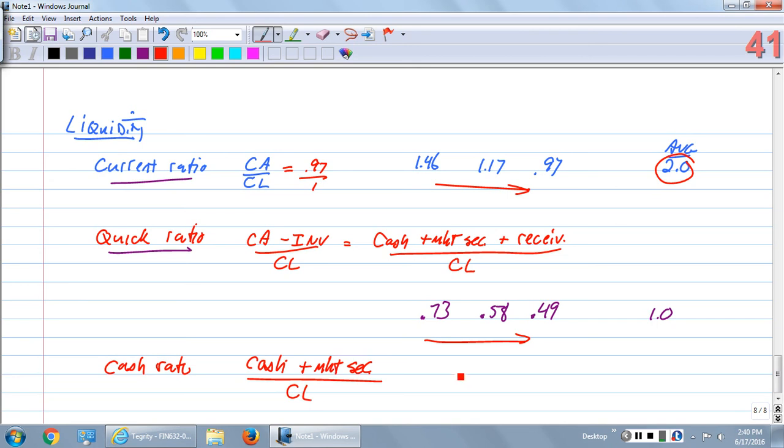Okay, and we see it's going from 0.487 to 0.389 to 0.324, and again that lags the industry pretty significantly. Okay, so as we break this down here, I'm inclined to say we need to look at our cash position, okay? Because it looks like when we break out all of these things, we start with all of our current assets, and then all of our current assets except inventory, and then finally we've just got cash that we're looking at, cash and marketable securities. That may in fact be our issue.